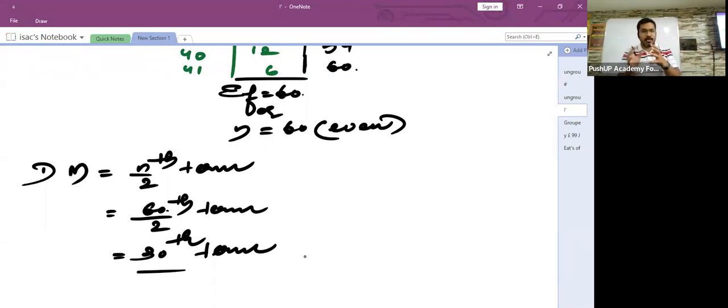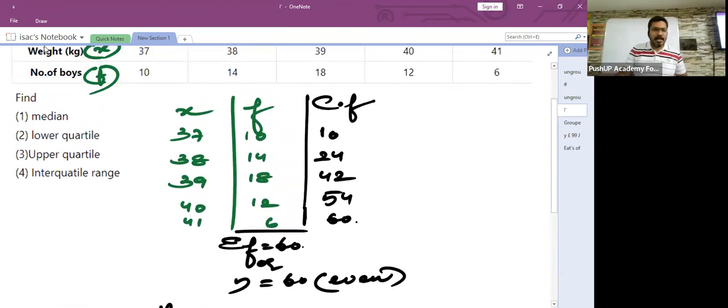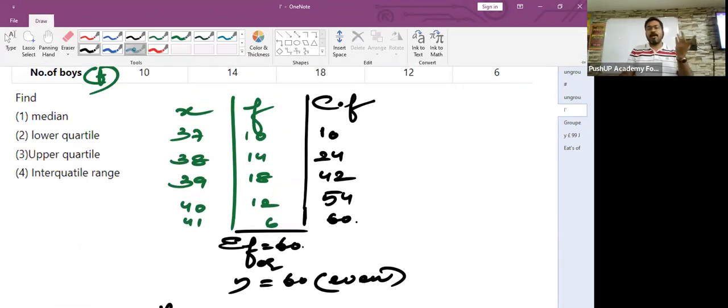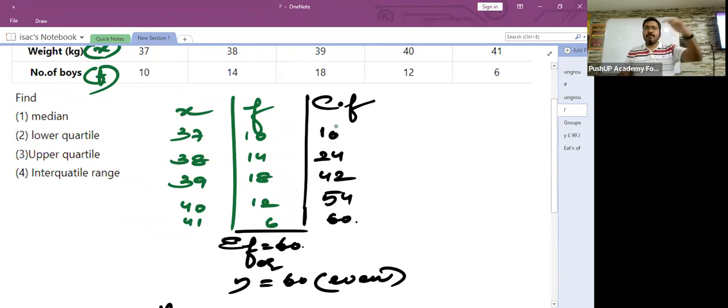As of now, you have just found the address of that person. Now you have to go to that 30th street and knock at his door so that you get the median value, isn't it? Children, the 30th term will come where? Whatever values you write in the column of cumulative frequency has to be read as 10th term, 24th term, 42nd term, 54th term, and 60th term.